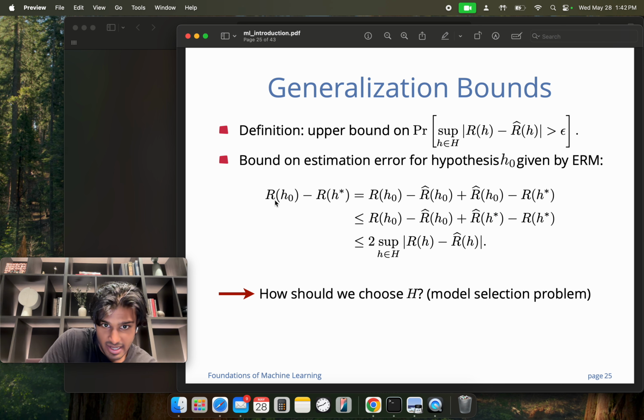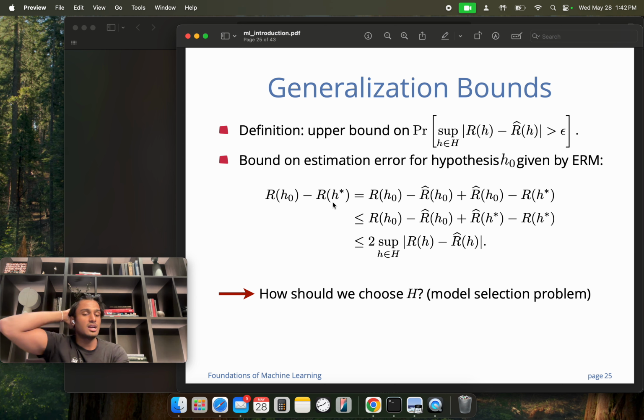So the idea is that the risk of my empirical risk minimizer, its deviation from the best in class, can be bounded by twice its deviation from its empirical error. We don't really need to know what the best in class is. We can just look at this term, take a factor of 2, and say the best in class can only be this far from it. It's pretty clever if you think about it.